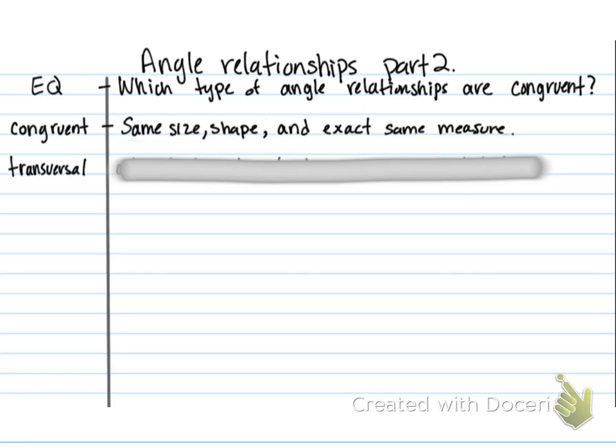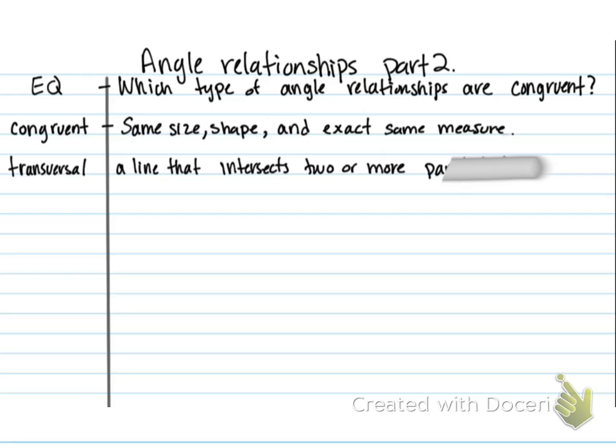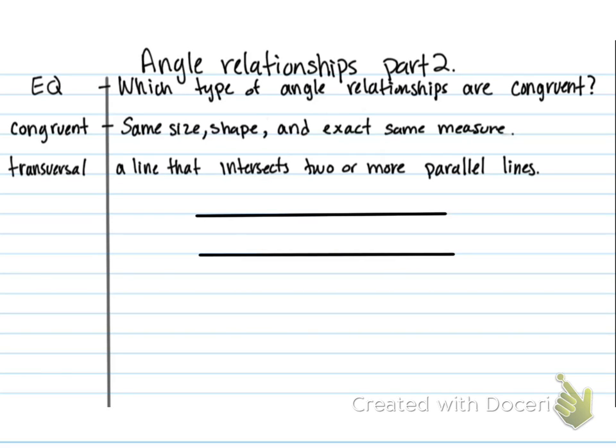A transversal is something new that we talked about. It's a line that intersects two or more parallel lines. Let's see what that looks like. Let's say we have two parallel lines just like this, and parallel means the two lines never cross, with little arrows.